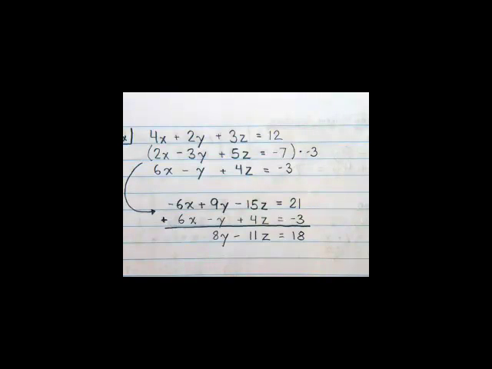I can't solve one equation for a variable if there's 2 in there. So what I have to do now is repeat this process using a different set of 2 equations so that I can get another one that uses y and z.